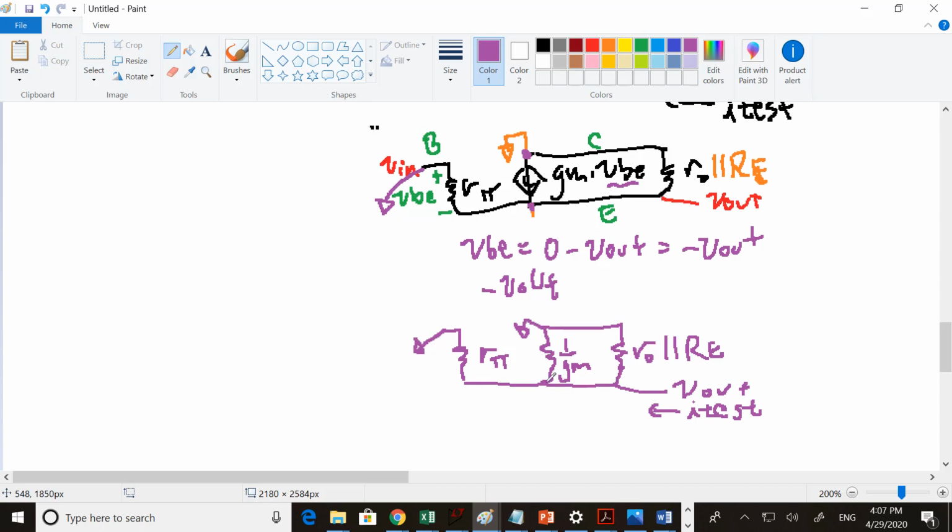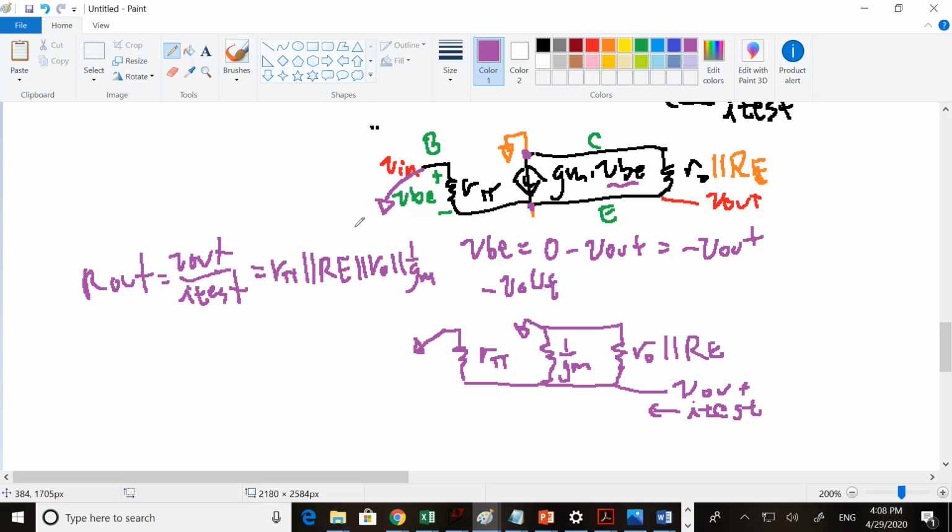All of these resistors are going from this node to ground, so all of these end up in parallel. So your R out, which equals V out over I test, just looks like a resistor of all of these in parallel, which is R pi parallel with RE parallel with RO parallel with 1 over GM.